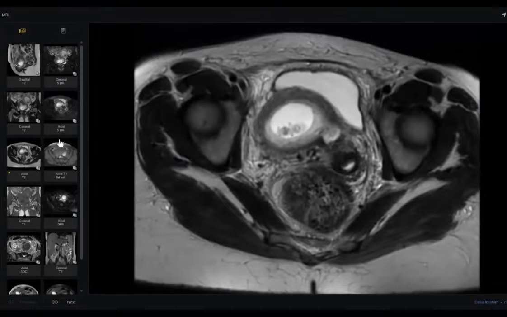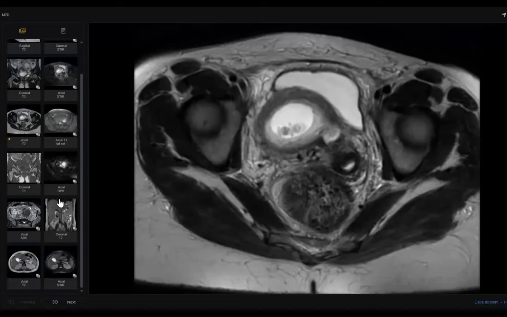Okay. What else? Which sequence do you want? So if there's contrast, is it logical to give contrast for this type of patient? She's pregnant, no. Okay. So there is no contrast. So can I see T1?